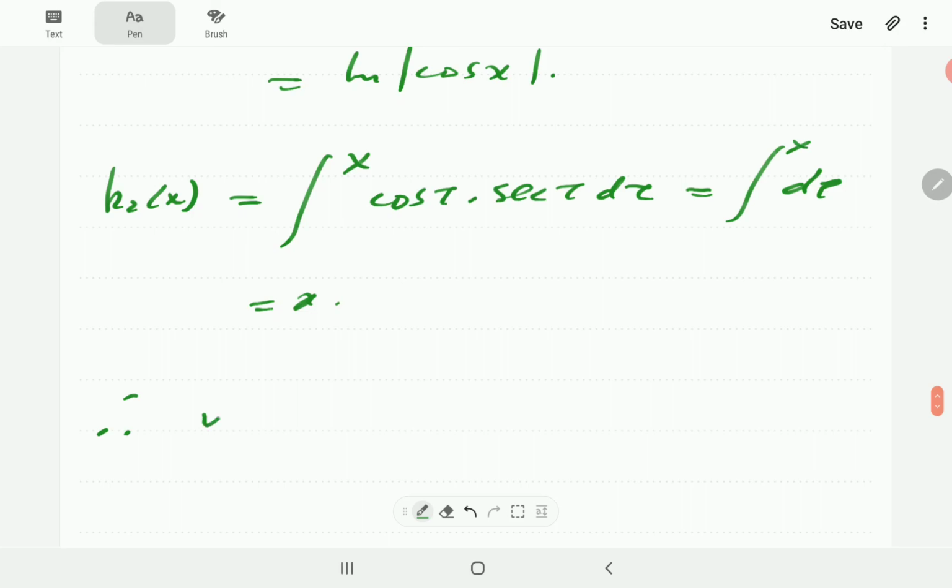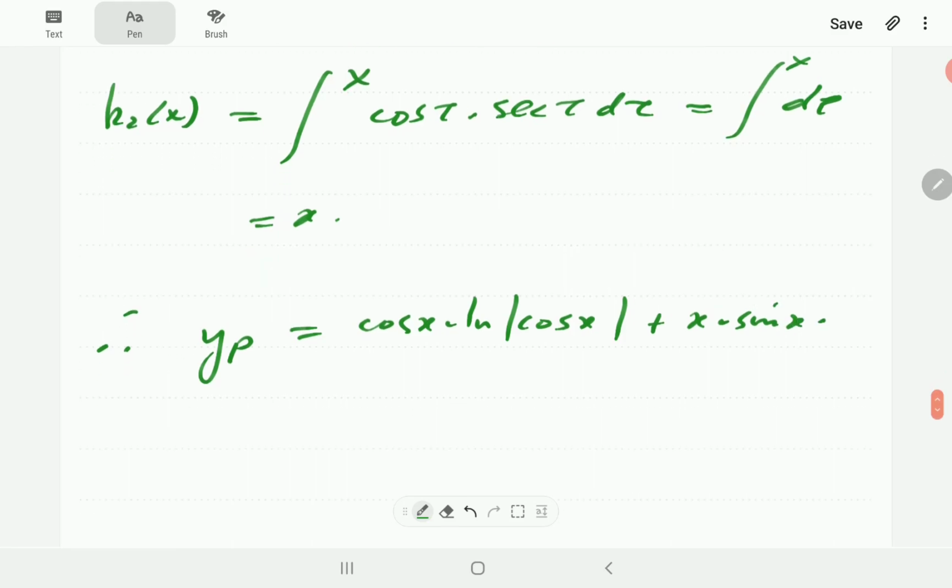And then the particular integral is going to be y1 times k1 plus y2 times k2. y1 is cosine x, k1 is ln of cosine x, k2 is x, and y2 is sine.